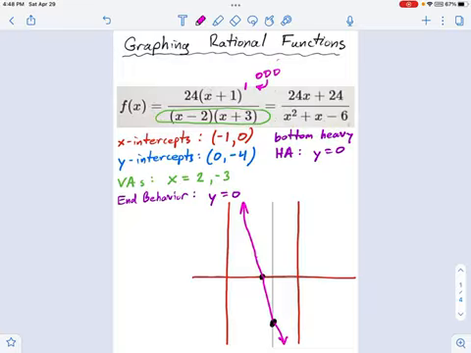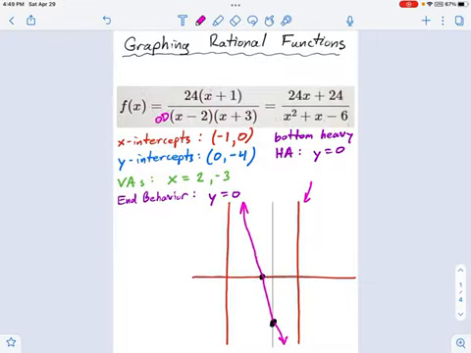Now, as you go over into this section right here, the question is, what's happening there? I have no idea because there's no intercepts to guide me, but I do know something about this asymptote right here. That asymptote is at x equals 2. That comes from this factor right here. And if you notice, that factor is also odd, right? It has an exponent of 1.